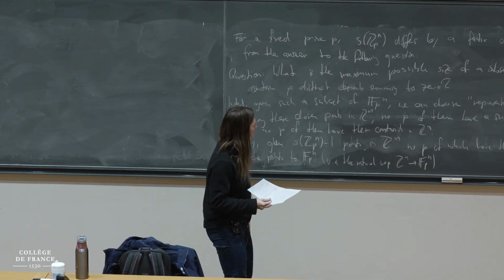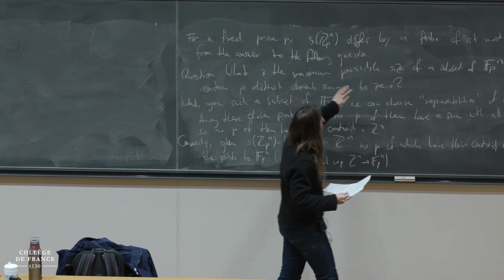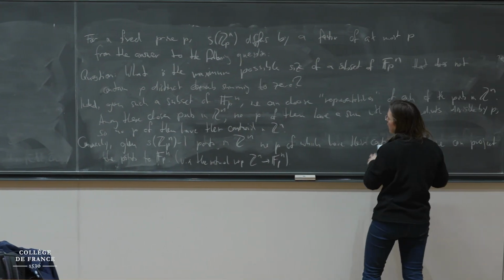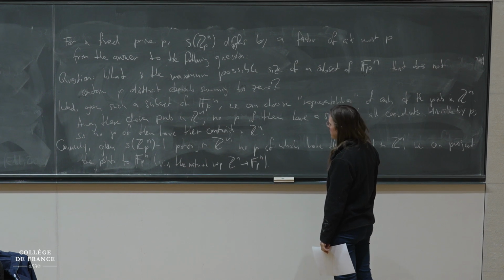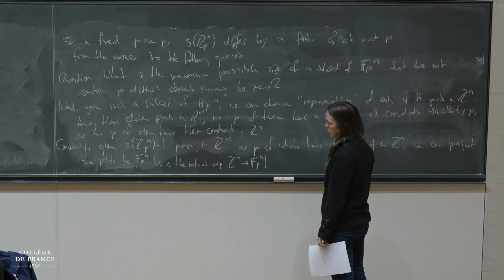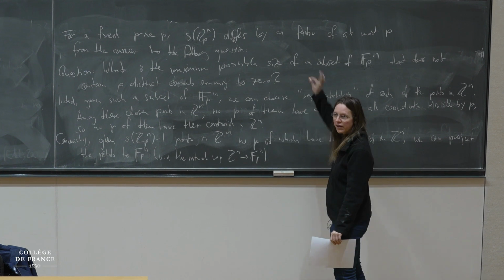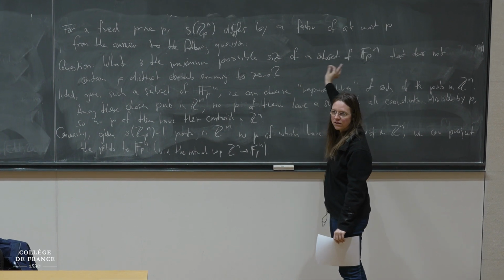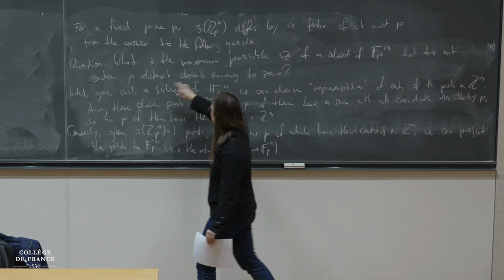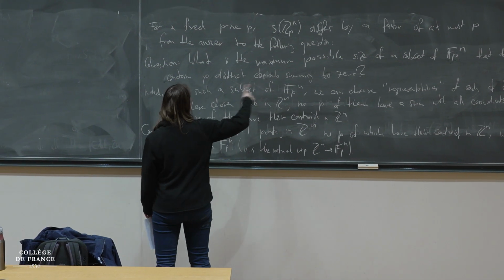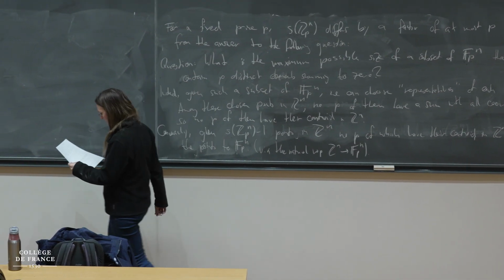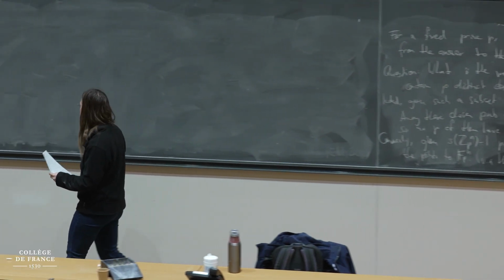In the previous lecture, we asked what was the maximum possible size of a subset of Fp to the n without a solution to the equation x1 plus and so on plus xp being 0 for distinct x1 to xp in the set. But that's the same as what's written here. It's the same question, just describing the equation in words, saying summing to 0, rather than with variables. So it's the same problem that we had on the board last time.